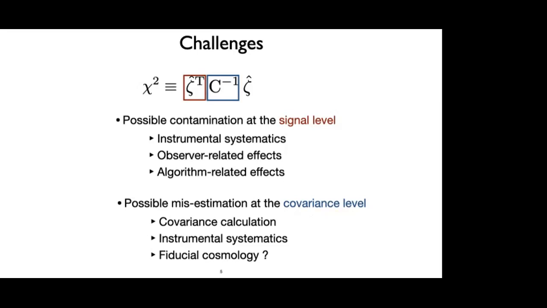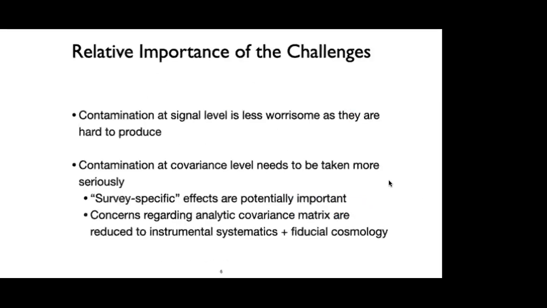First, at the signal level, there could be instrumental systematics, observer-related effects, and algorithm-related effects. Then at the covariance level, there is a question of how we estimate the covariance. Here the instrumental systematics enter again, and another question is the fiducial cosmology.